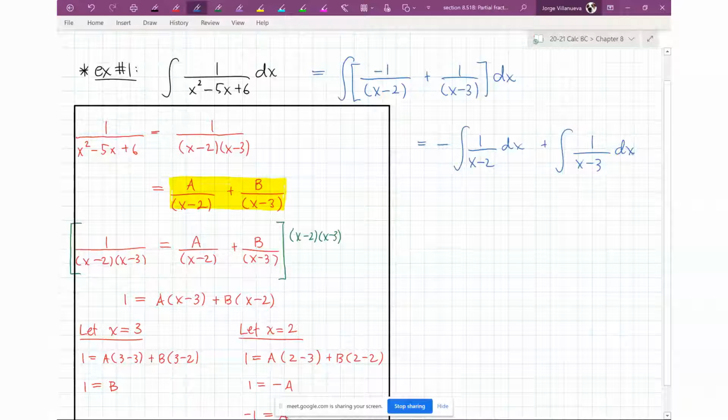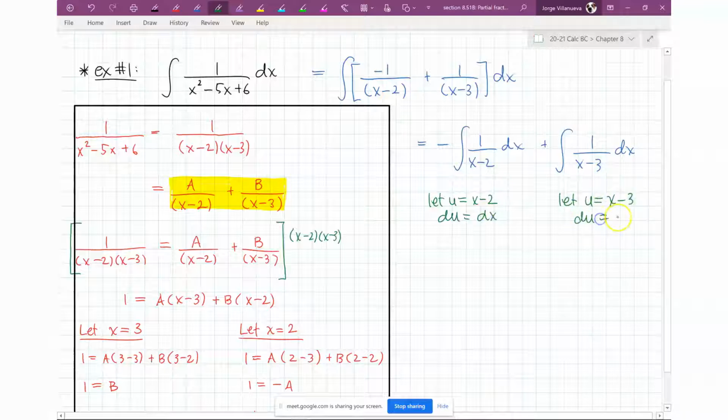Okay, so we're going to do 2 u substitutions, and I'm going to break my rule. I usually don't like to use u twice, but I'm going to do it just for this case here. Let u equal x minus 2, so du is dx, and then over here, this hurts me to write, but I think for most of you this will make a little more sense if I keep it simple.